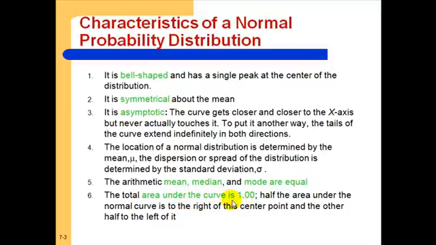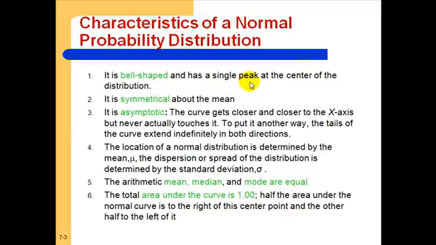What that means is the probability of a certain value falling under the whole curve is 1, meaning it certainly happens. Half the area under the normal curve is to the right of its center point, to the right of its mean, and the other half is to the left of the mean.